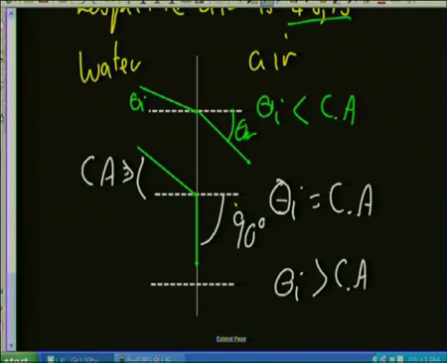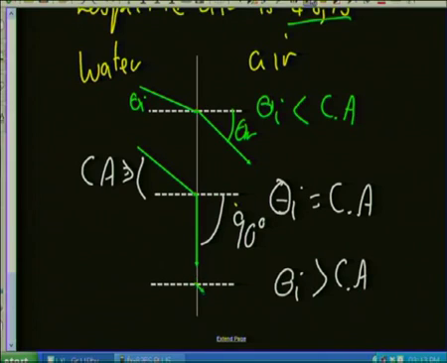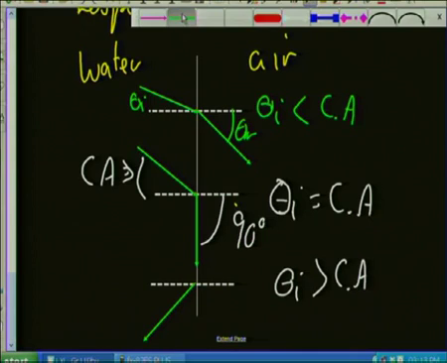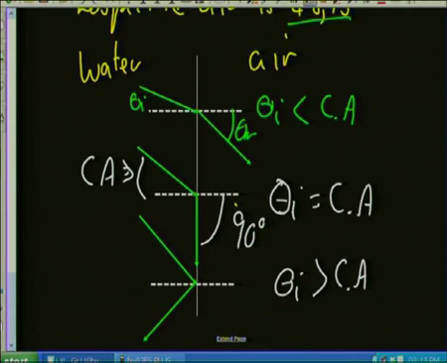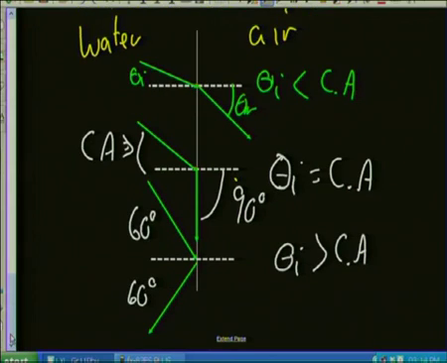And the last scenario is what happens if my angle of incidence is greater than the critical angle. Well, you need to be very clear about this. If it's going to be greater than the critical angle, then we're going to get internal reflection. So I need to draw it very carefully, and I'm going to be very clear that this angle must be bigger, must be a big angle. So if this one was, say, 60 degrees, then this is going to be 60. It's going to reflect internally.